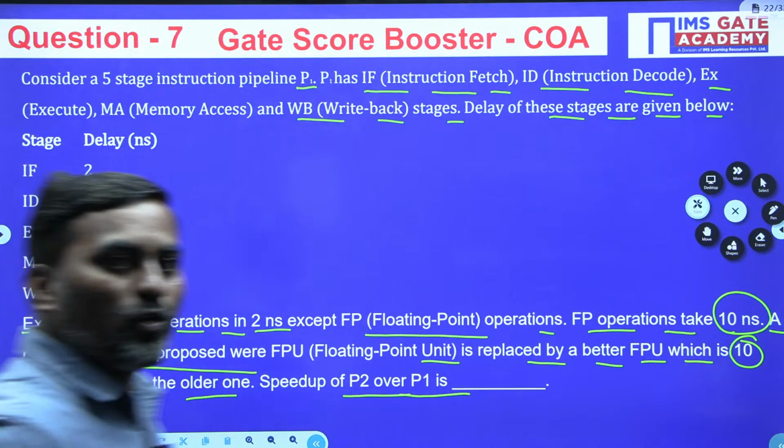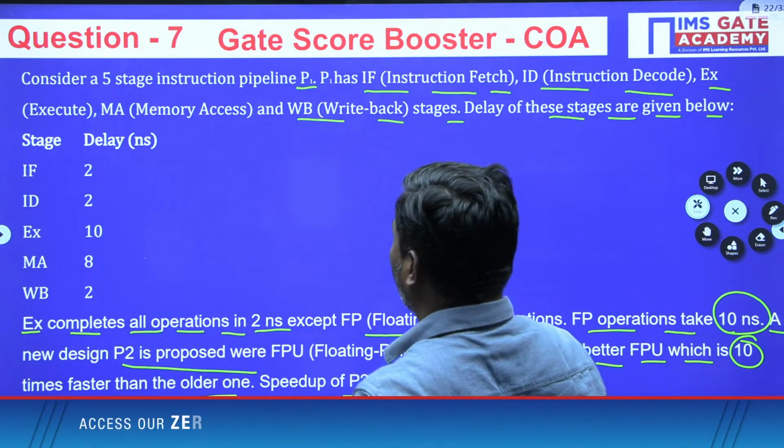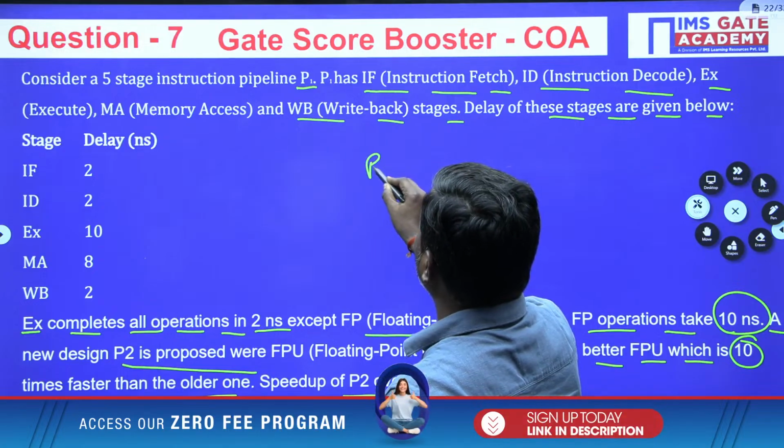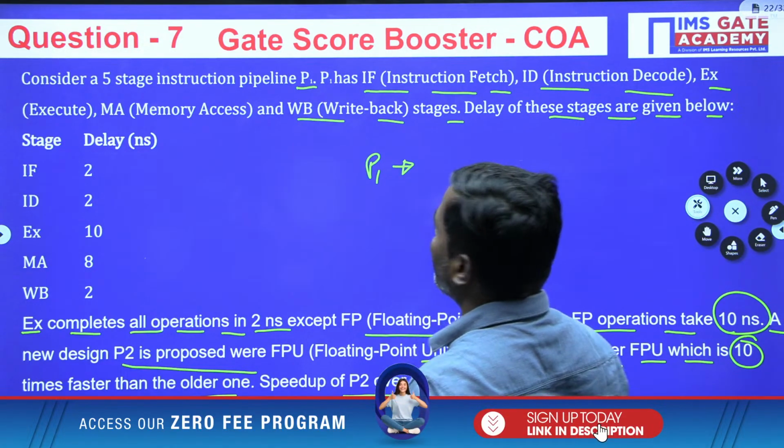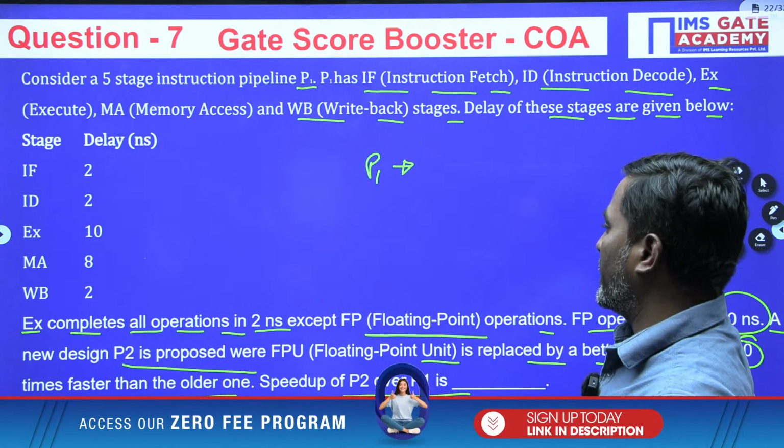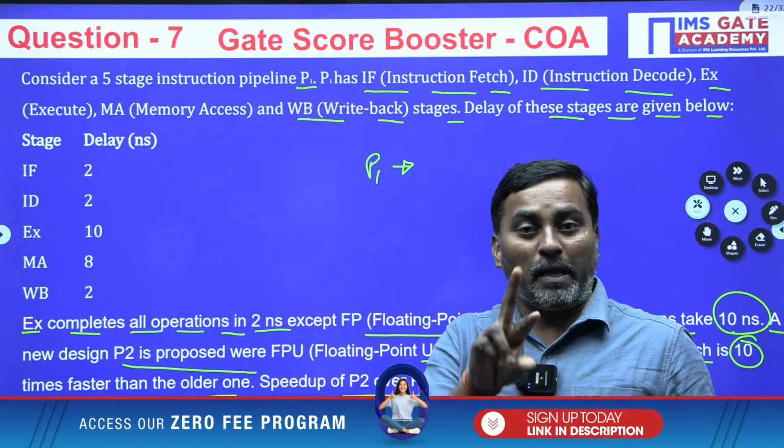So 1.25 we got. Okay, let's try this question. P1 I'm talking. Okay, P1. So now P1, P2 pipelines you have to compare.